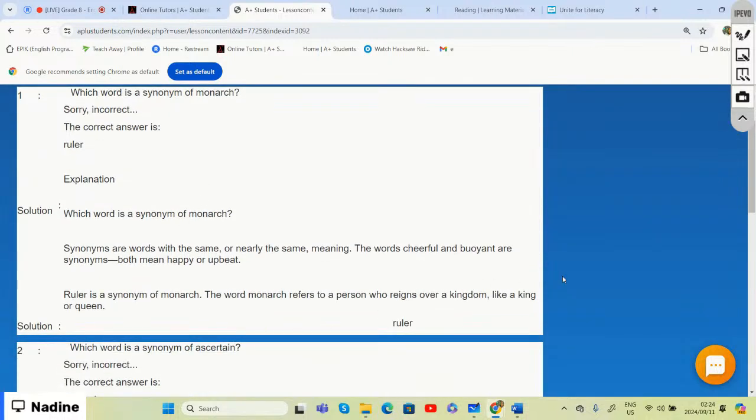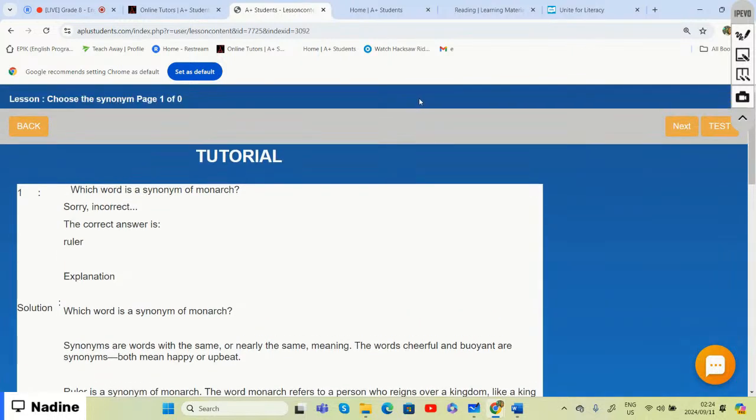And once again, we made an example of cheerful and buoyant, right? Both those words mean that you're either happy or you're very upbeat, right? Because if you're a cheerful person, you're a buoyant person, you're always happy, you're excited, you're upbeat, you're always walking with a smile on your face, right? So that is words with the same meaning or words with almost the same meaning.